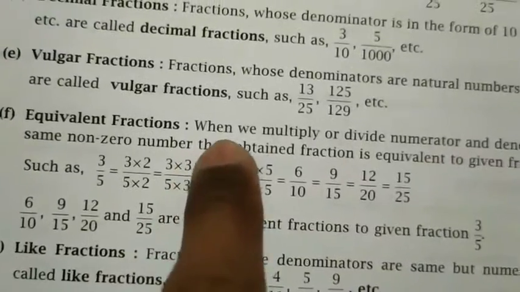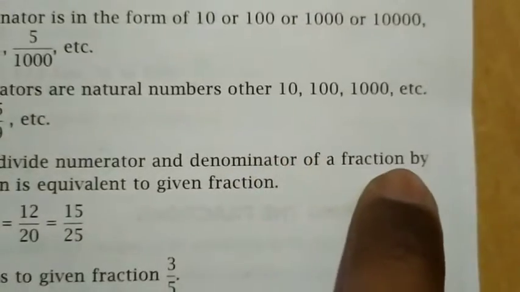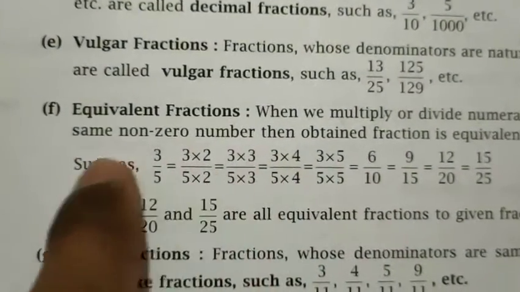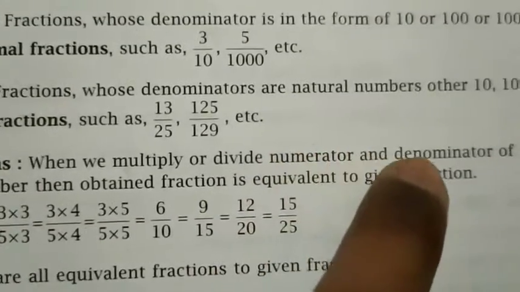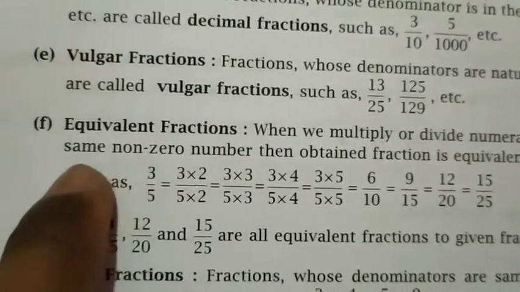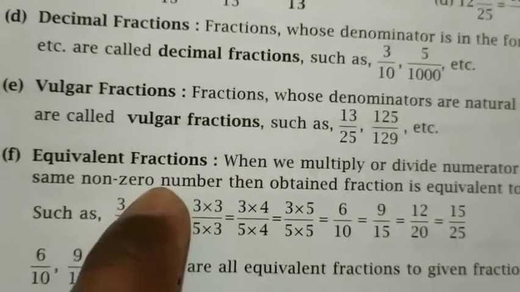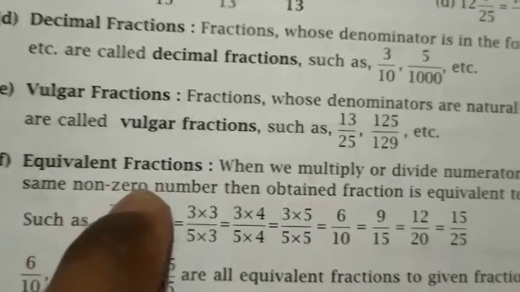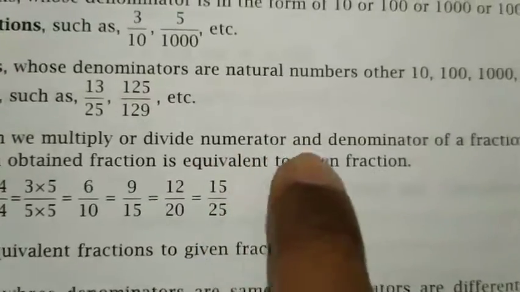It says when we multiply or divide the numerator and denominator of a fraction by the same non-zero number, non-zero meaning numbers other than 0, you can take 1, 2, 3, anything, then the obtained fraction is known as equivalent to the given fraction.